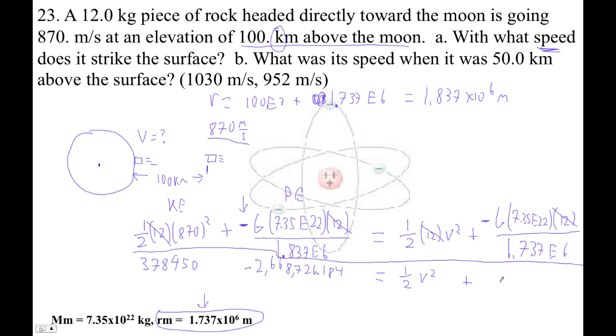And this is an even bigger negative, right? So it's negative 2 million. I think the units of this stuff are joules per kilogram. Then don't forget the 149.